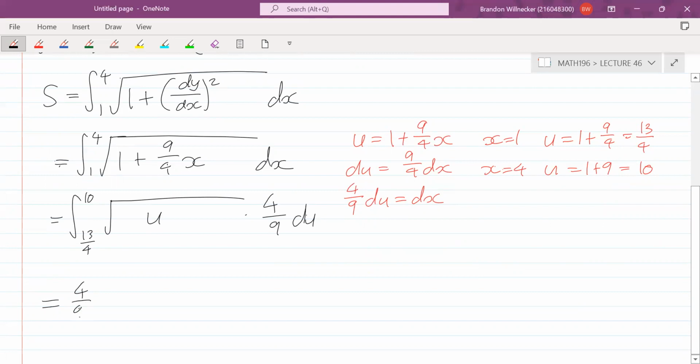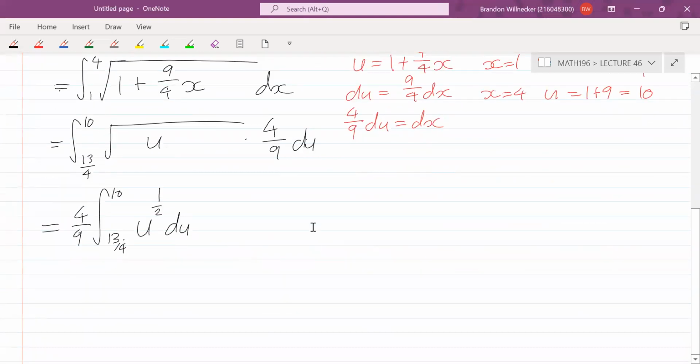So we have 4 over 9, integral from 13 over 4 to 10, u to the 1/2 du. Okay, so same as always, you add 1 to the exponent to make it 3 over 2, divide by that, so we get 2 over 3 times 4 over 9, then u to the 3 over 2, from 13 over 4 to 10.